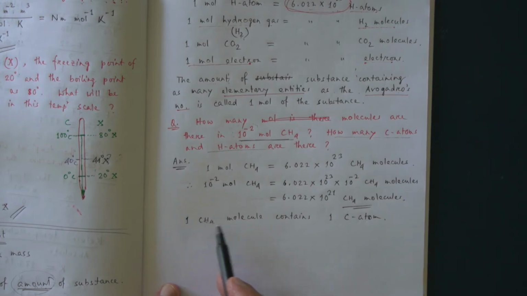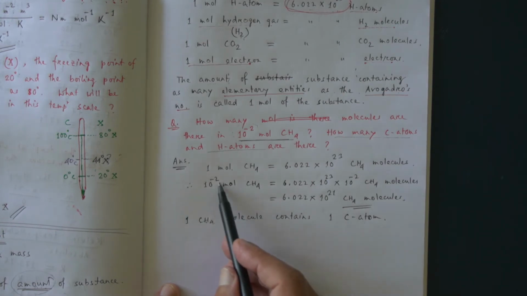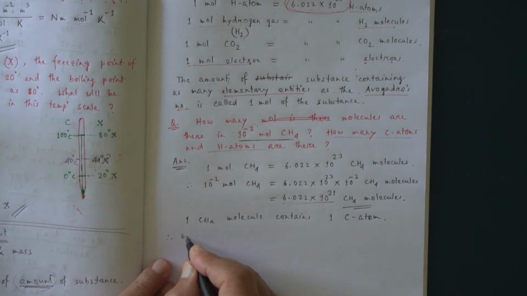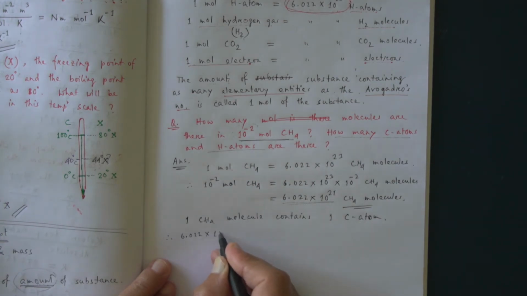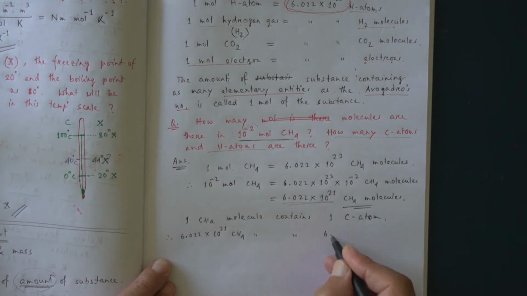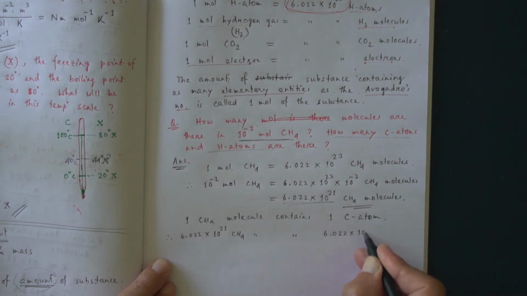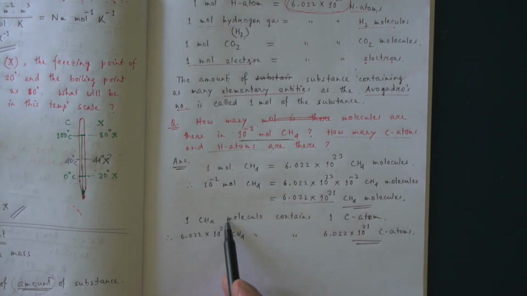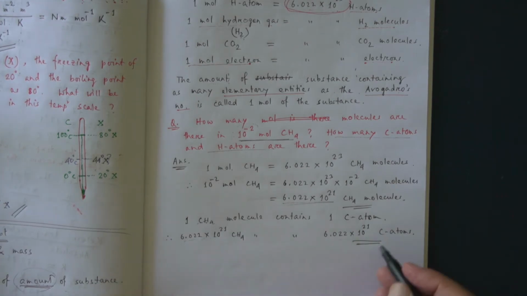In one methane molecule, what is there? One carbon atom. So this much methane molecules contain this much carbon atoms. 1 molecule has 1 carbon atom, so 100 molecules have 100 carbon atoms. As many molecules as there are, that many carbon atoms. Okay, so this is the answer.